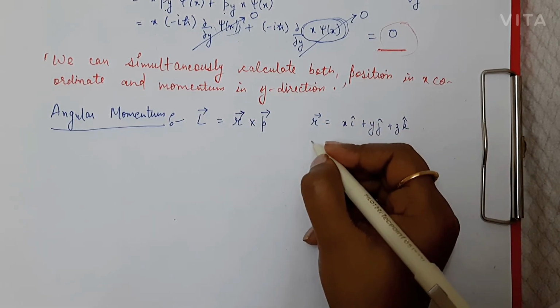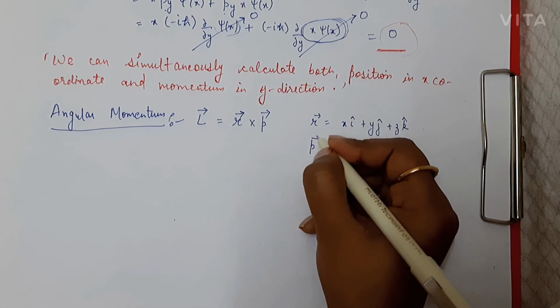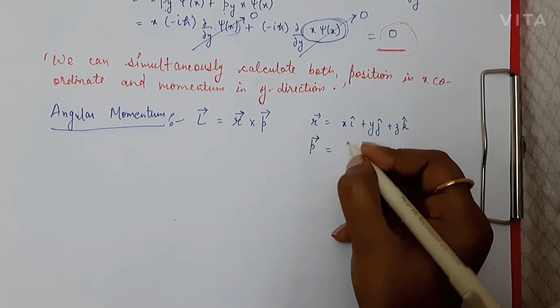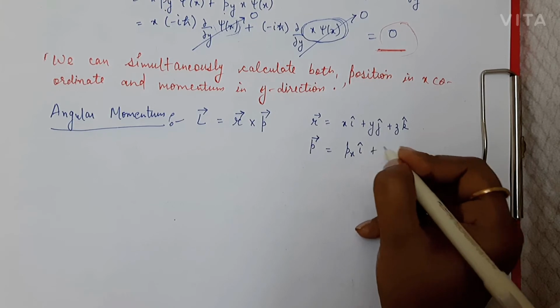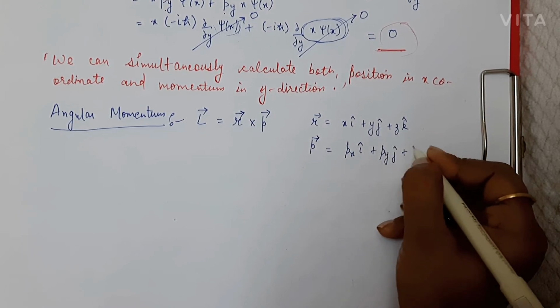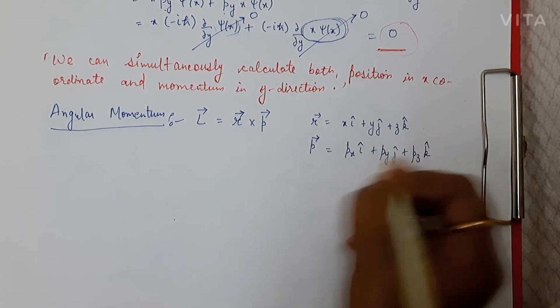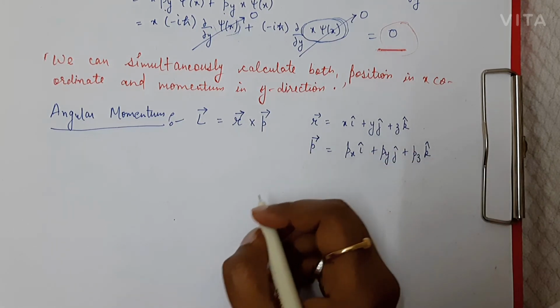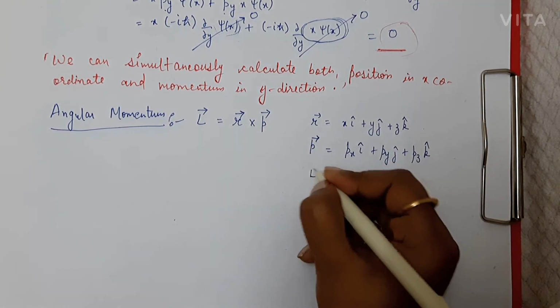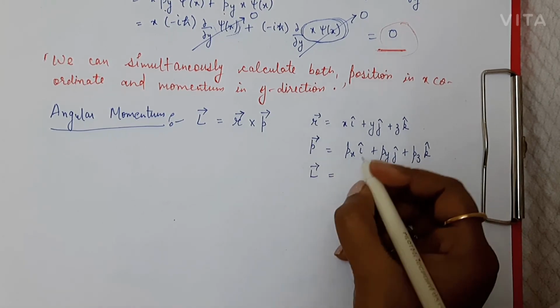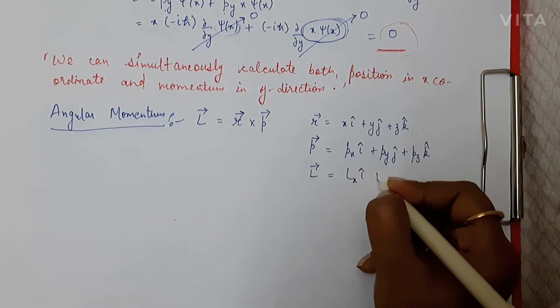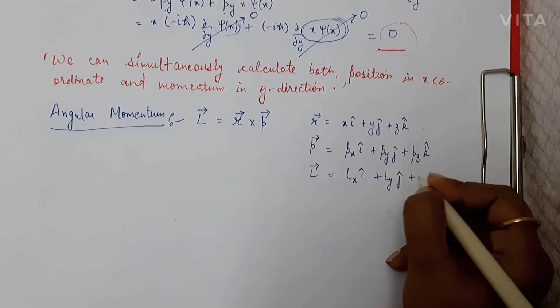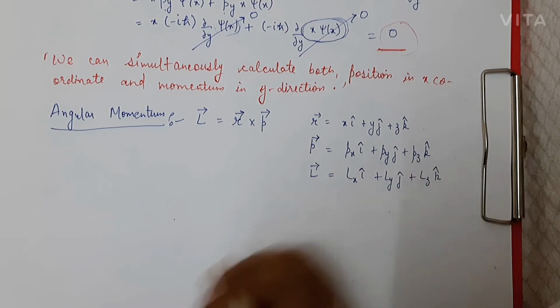Now p will be px i cap plus py j cap plus pz k cap. This is the vector for linear momentum. Similarly, for angular momentum, we will have the vector as lx i cap plus ly j cap plus lz k cap.